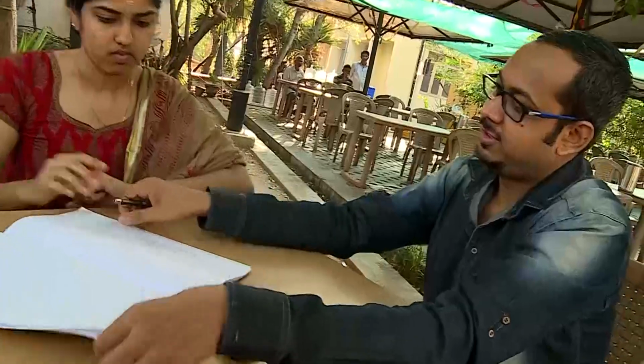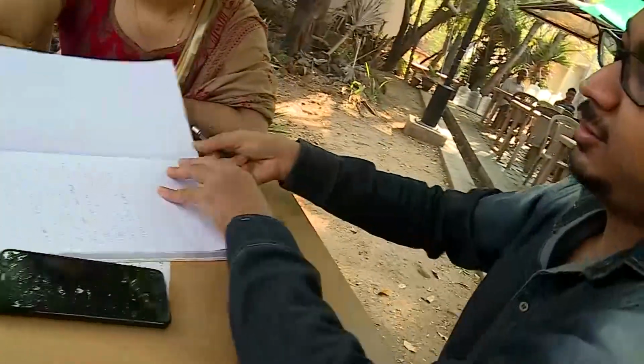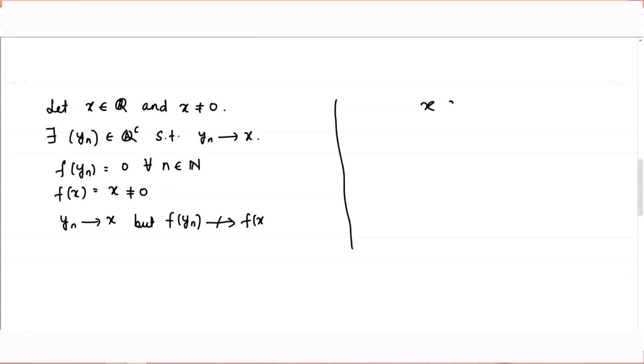So let me write it. Now you take x in the set of irrationals, then there must exist a sequence of rationals zn that converges to x.